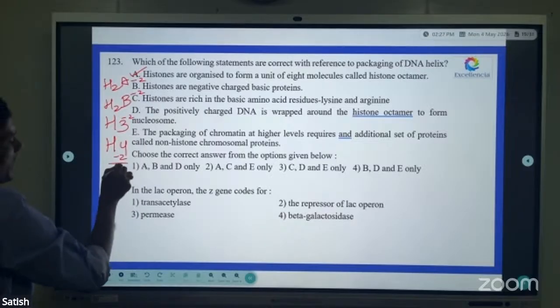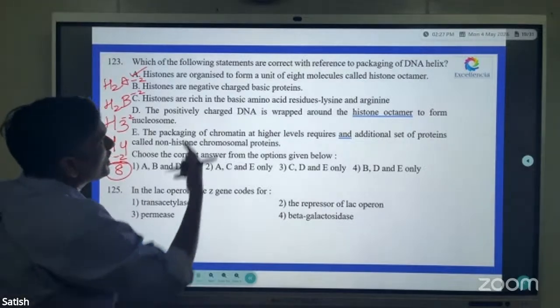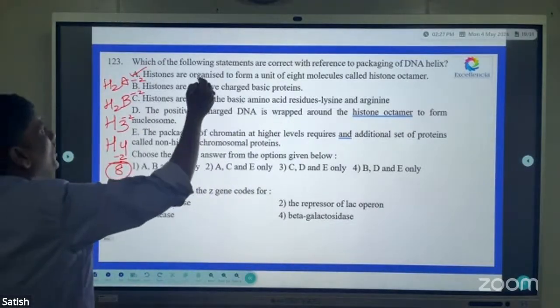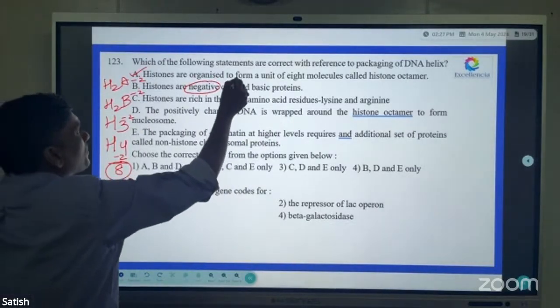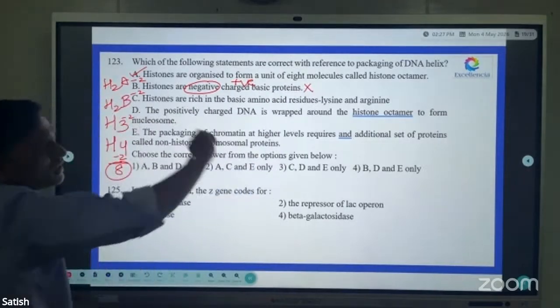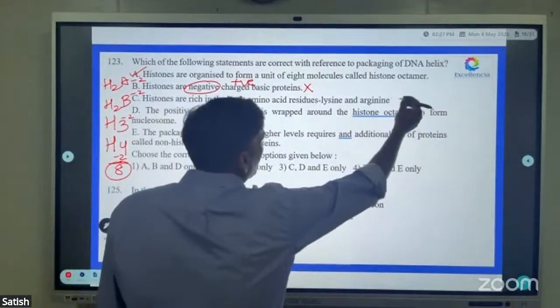So totally 8 histone proteins form an octamer, a correct statement. Histones are negatively charged basic proteins. Histones are basic proteins only, but the charge is positive. Wrong statement, this one. Histones are rich in the basic amino acids. Yes, lysine and arginine, correct statement.